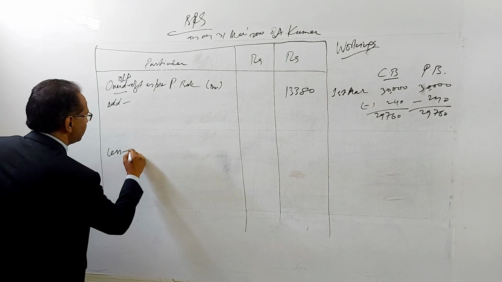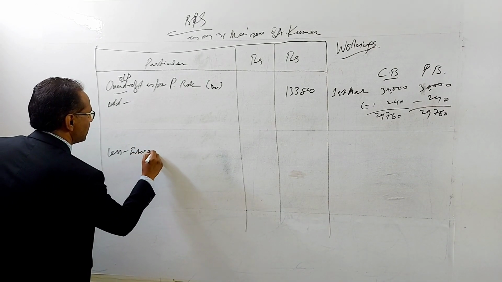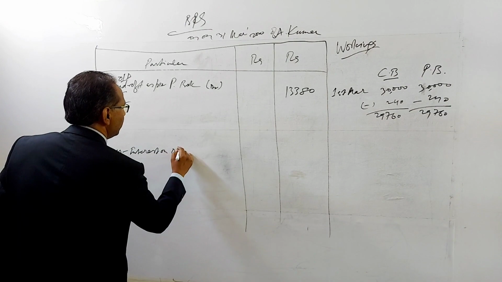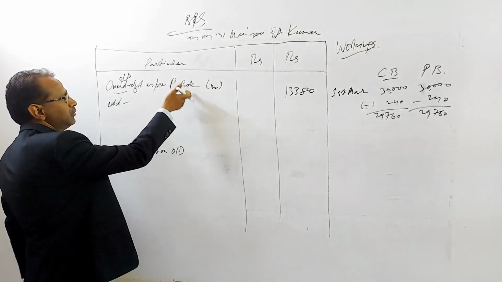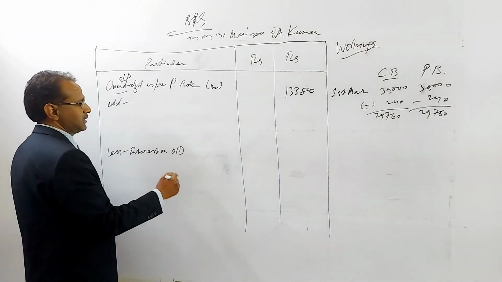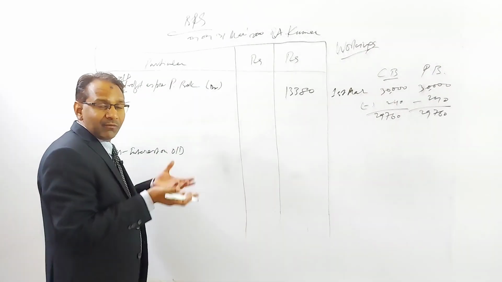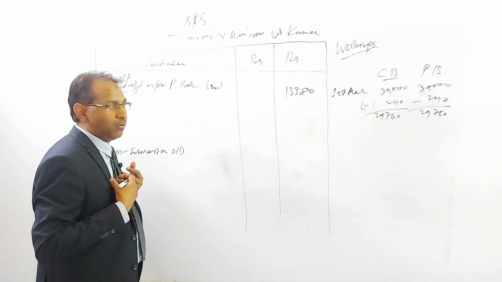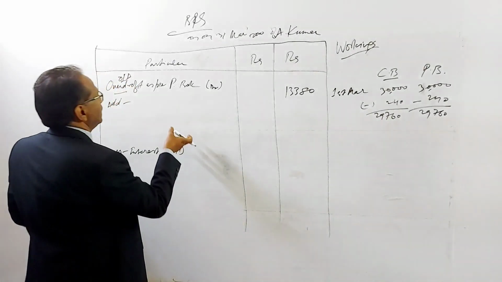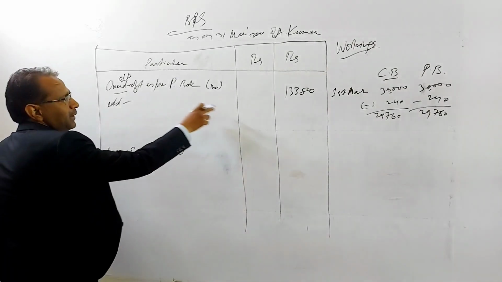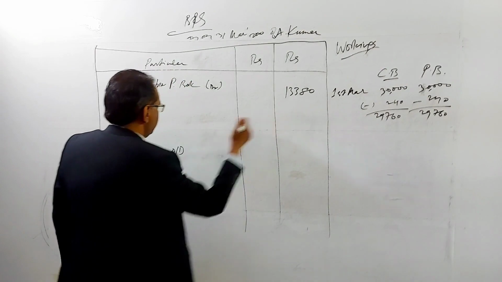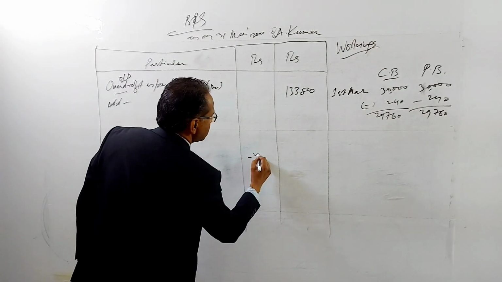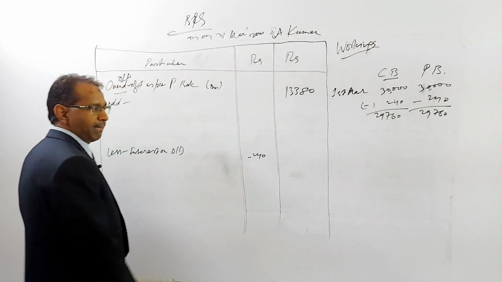Bank interest on overdraft, right? Interest on overdraft, ये जो overdraft है इस पे बैंक इंटरेस्ट चार्ज कर रही है, which is deducted from the passbook but it is not recorded in the cash book. Okay. Overdraft is in the passbook, here we have reduced it, so here also we will reduce it, minus 240.